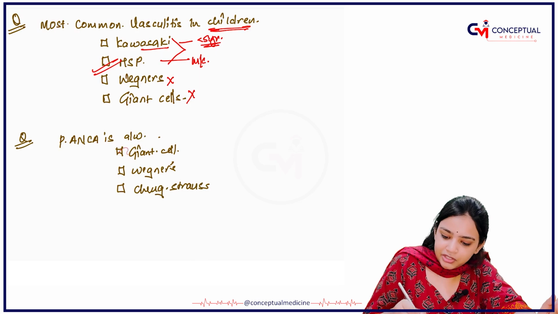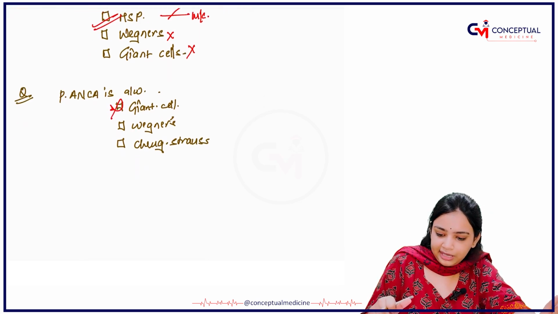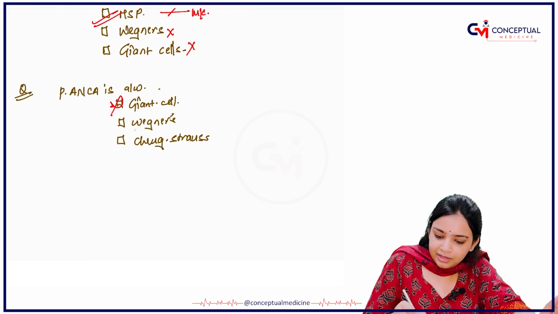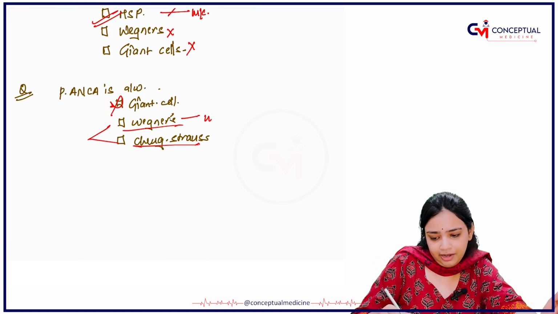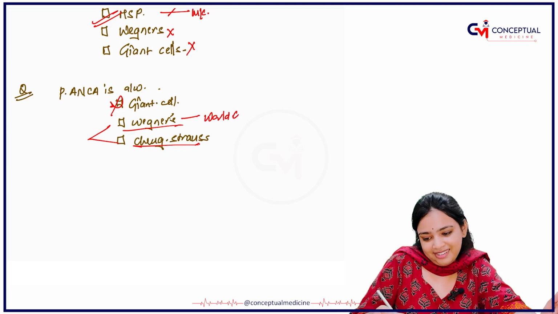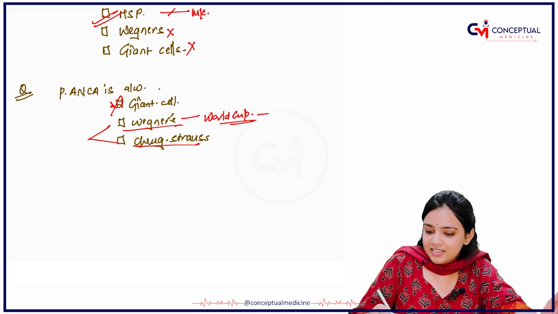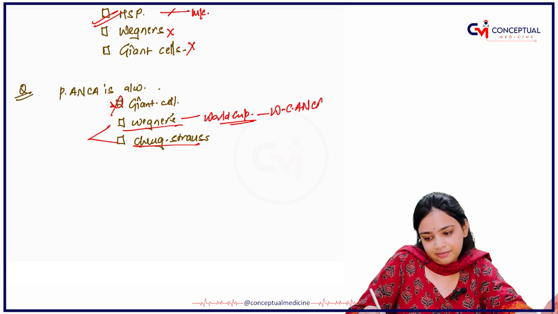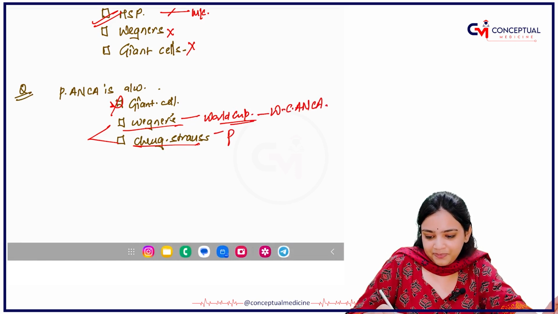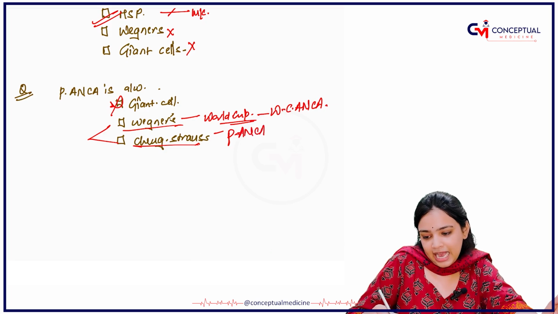Ruling out giant cell. No, it cannot be the option. Then Wegener's or Churg-Strauss, either of the two. But I have read a mnemonic of World Cup. That is, Wegener's is the World Cup, and Churg-Strauss is associated with asthma.